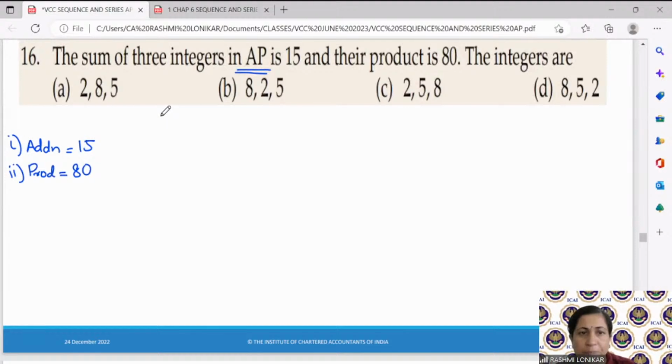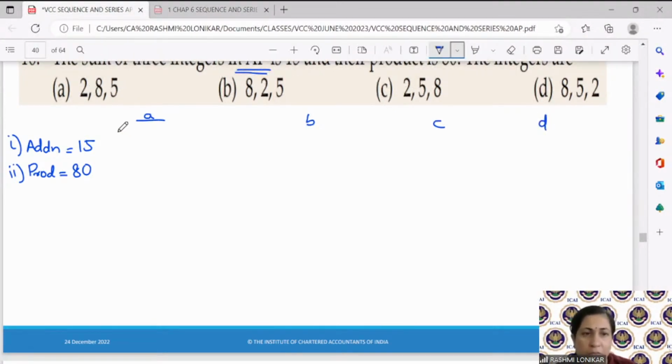Now I will try for A, B, C and D. What is this addition? 3 plus 8 plus 5 is how much? This is 8 plus 8. This is, 2 plus 8 plus 5. This is 15. Correct? Now 2 into 8 into 5, 4 2s are 80.